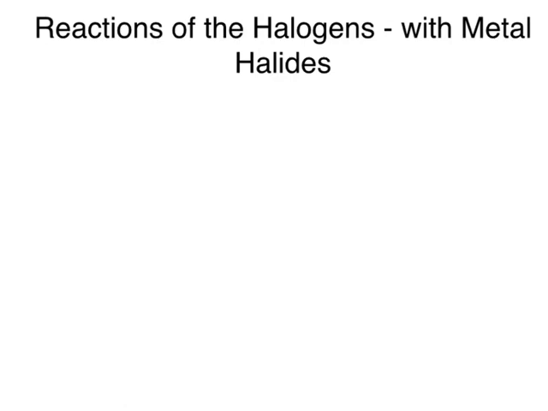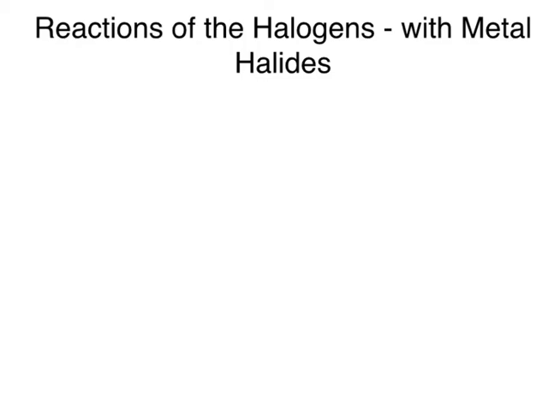Okay, so we're going to look at the reactions of halogens with metal halides. Now a halide is an ion of one of the halogens, so it could be a chloride, fluoride, iodide, all of those.